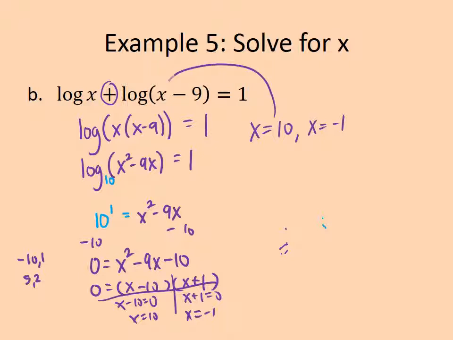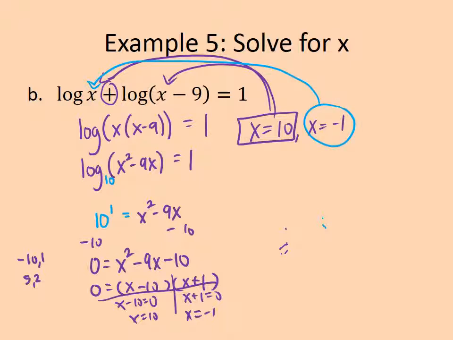Well, when we plug the 10 back in, we see that we're positive. So 10 in fact works. However, when we take the negative 1 and plug it back in, we end up with log of negative 1, which we cannot have. So x equals negative 1 is an extraneous solution. So x equals 10 is our only answer.